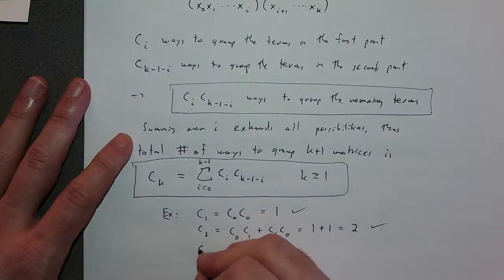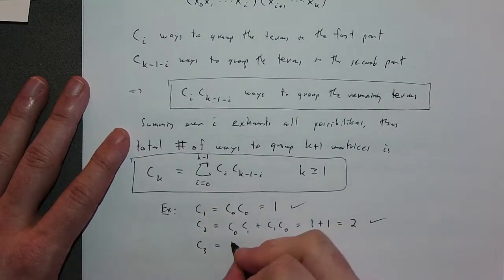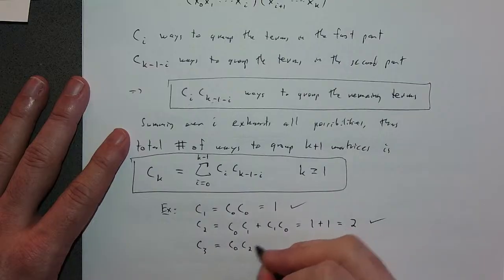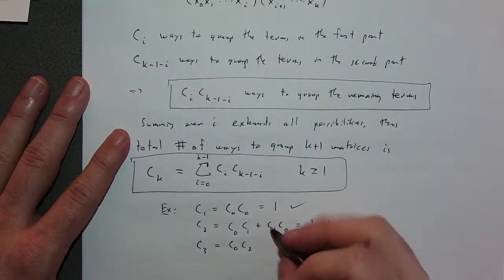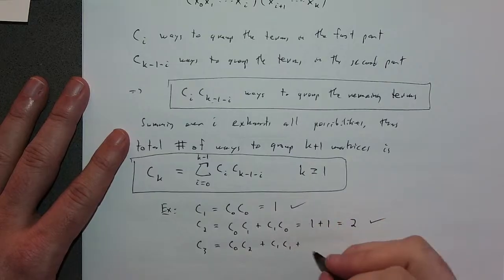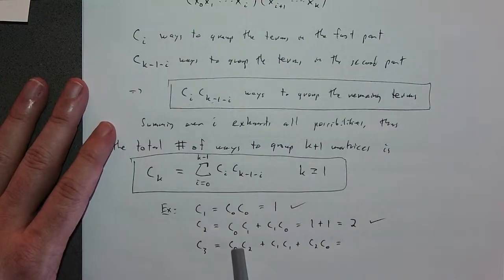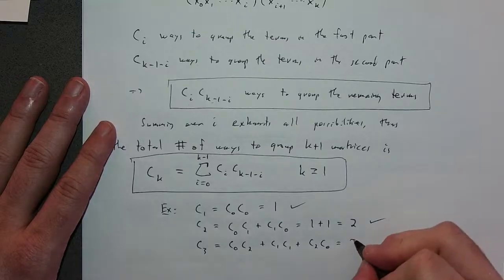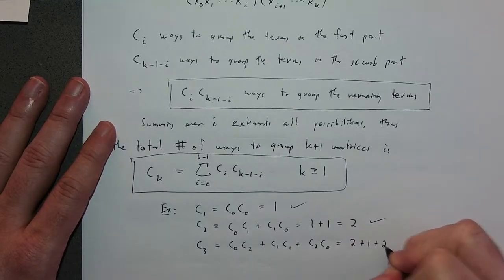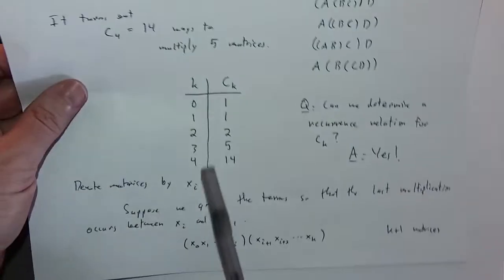C sub 3, again according to this expression, is C naught times C2 plus C1 times C1 plus C2 times C naught. This is 1 times 2, 1 times 1, 1 times 2. So this would be 2 plus 1 plus 2, which is 5, which is exactly what C sub 3 is.